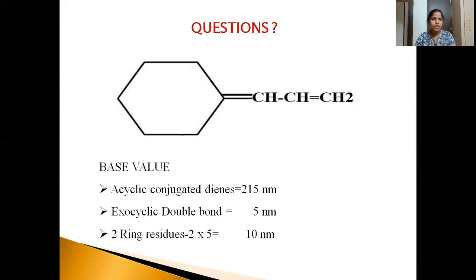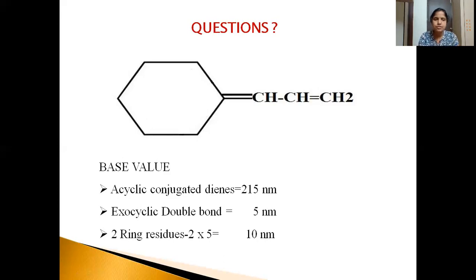So this is how we first find out the basic parent group, that is, whether it belongs to a conjugated diene or alpha beta unsaturated carbonyl, or whether it belongs to an aromatic compound.